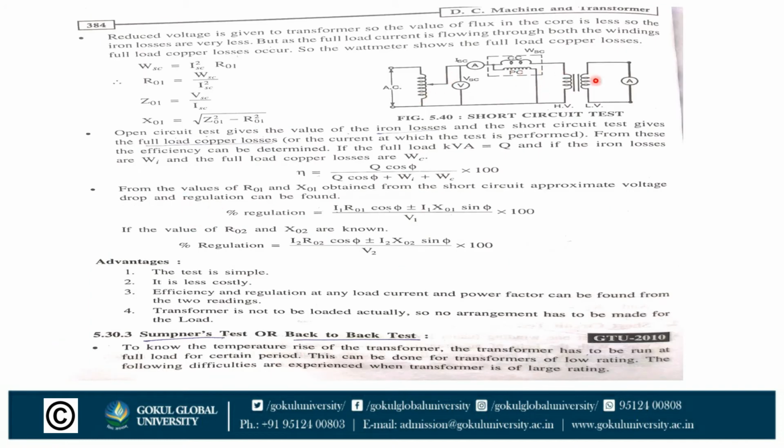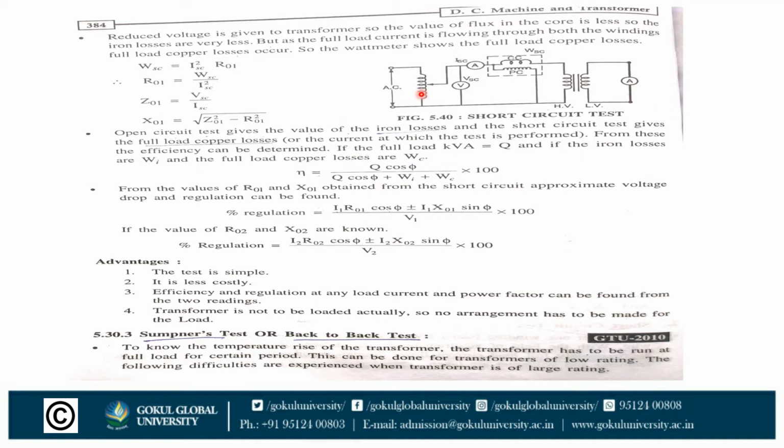See here, LV side is short circuited by thick copper wire or by using the ammeter. Okay. Now reduced voltage is given to the transformer, so the value of flux in the core is less, so the iron loss is very negligible. But as the full load current is flowing through both the windings, that's why full load copper loss occurs, and so the wattmeter shows the full load copper loss.